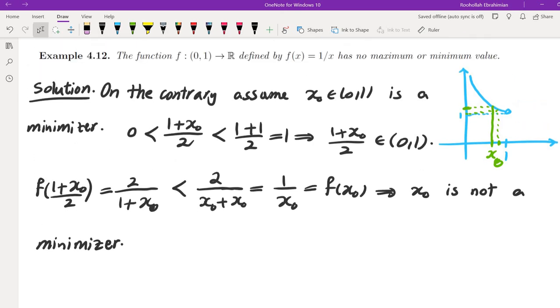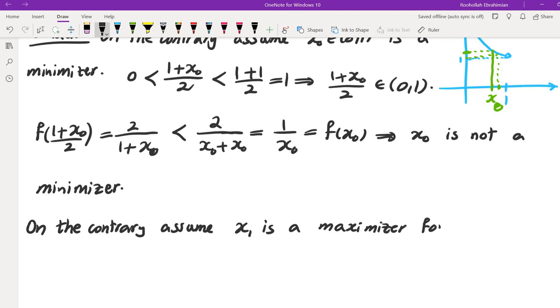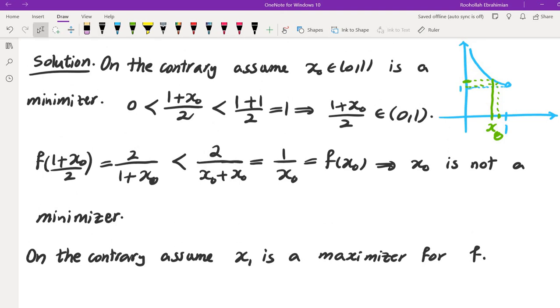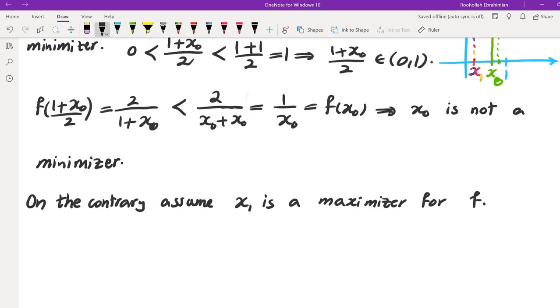Now we are going to show that it does not have a maximum. So again, assume on the contrary that x1 is a maximizer for f. Now, if I take a number that is a maximizer for this function, then I can of course create things that are higher than that. All I need to do is to take something between 0 and x1.